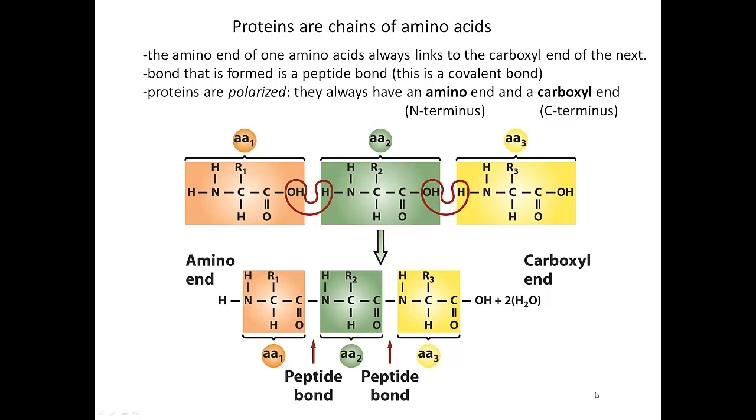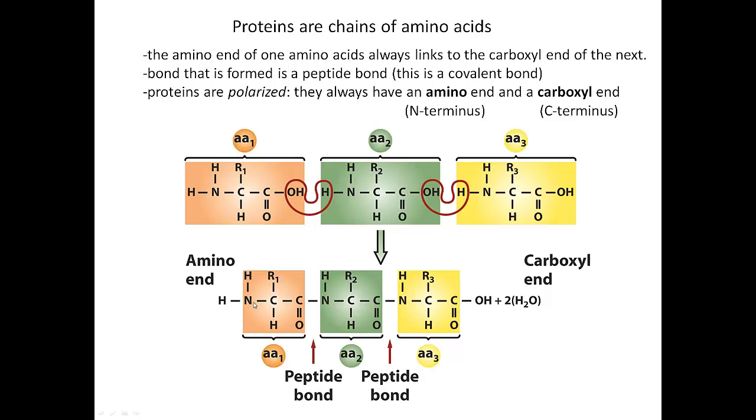When proteins are synthesized, the carboxyl group of the first amino acid is linked to the amino group of the next amino acid. This happens in ribosomes, and the formation of this bond releases a molecule of water, and a peptide bond is formed between that carbon and that nitrogen.